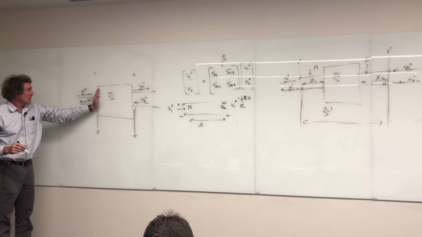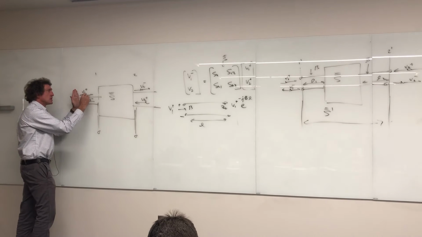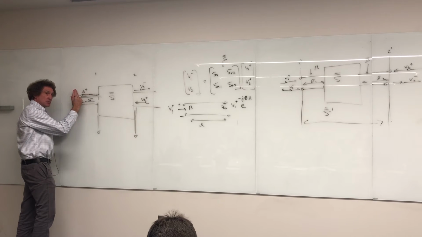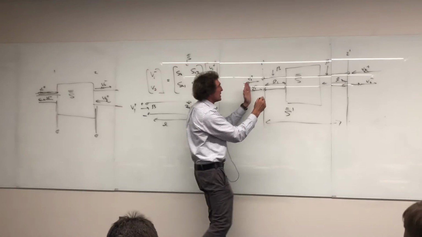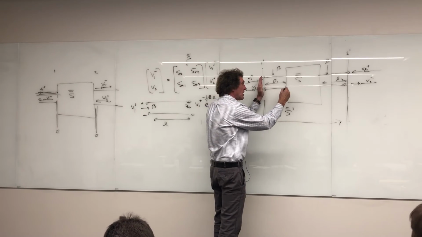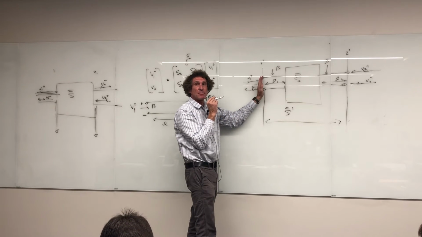But hear me now. Now when I move back to here, the signal travels L and then 2L. Follow me? So when I look here, if that's L1, the signal is going to travel L1 and then back to L1. If I talk about V1 minus over V1 plus, does everybody see this, class?